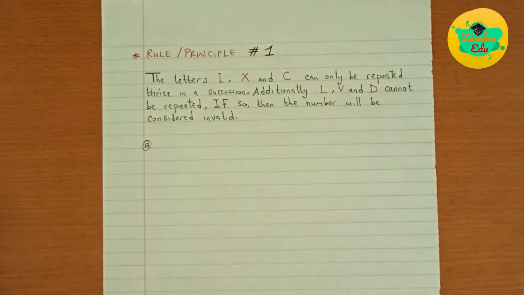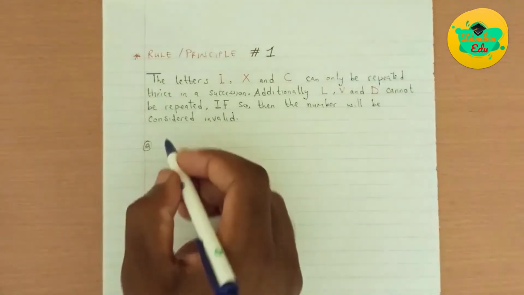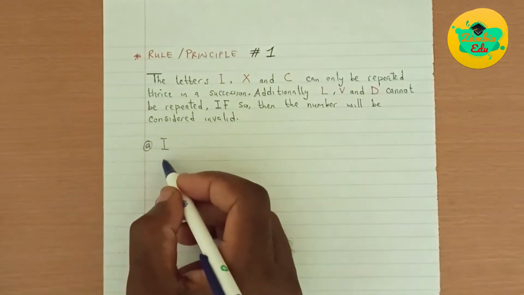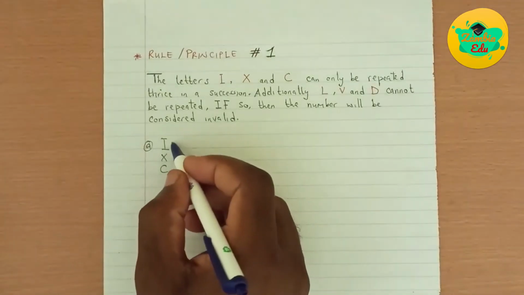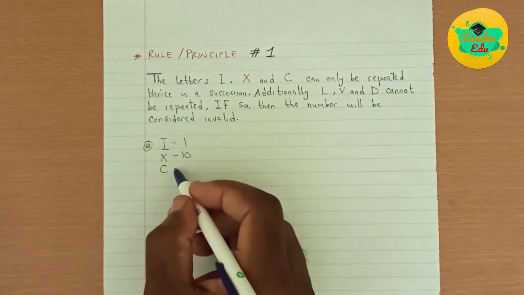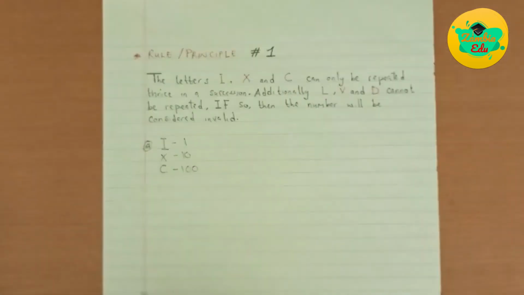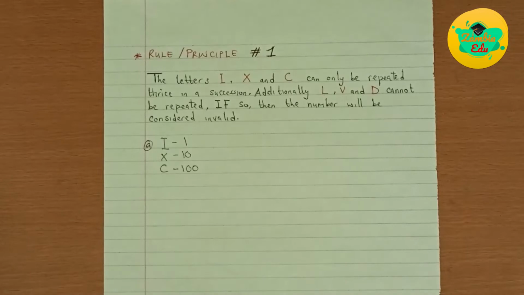So our first point, we know that they've told us I, X, and C. And we know that I is 1, X is 10, and C is 100. They've said that the letters I, X, and C can only be repeated thrice in succession.